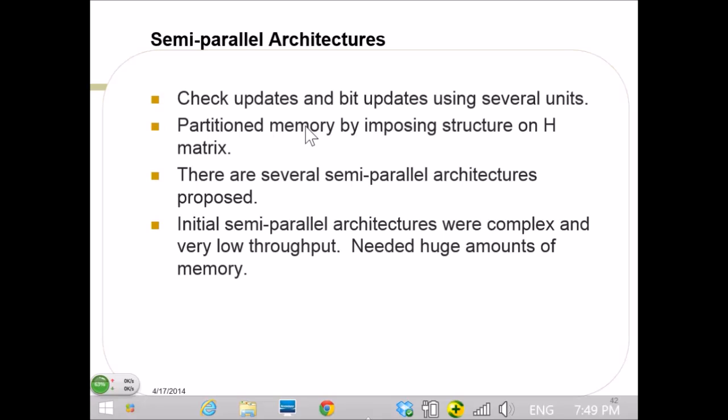Again, this is where tools didn't do a good job. It's not like you can apply a folding transformation on the algorithm and it gives a good answer. So several semi-parallel architectures were proposed, and some of them are still at low throughput, they're more complex, and at the same time they needed huge amounts of memory.